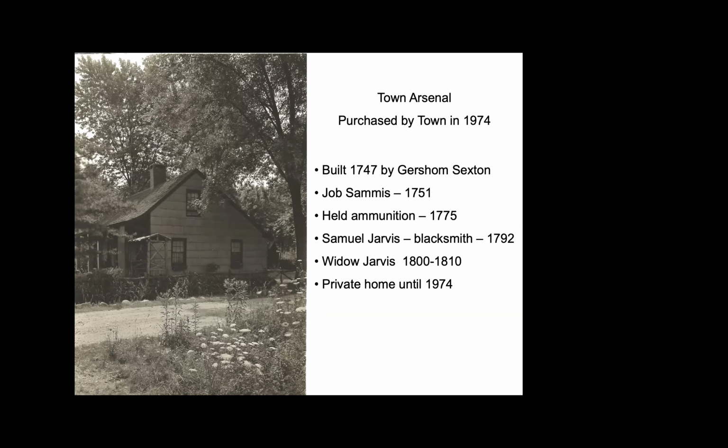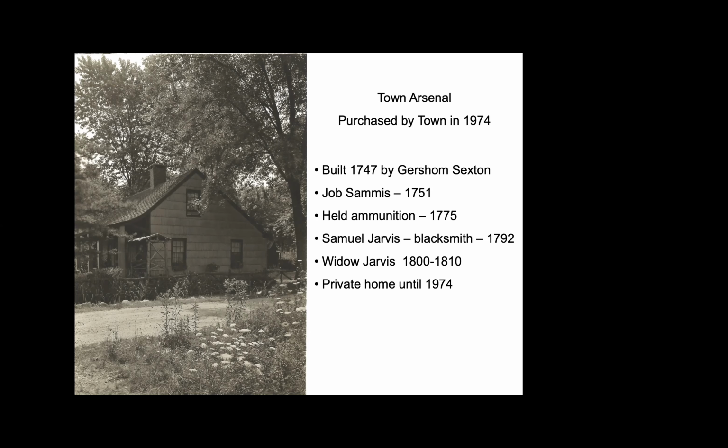Job Samus purchased the property in 1751, and he was a weaver. So he lived here with his family. He had many children. It was a very small house. And his loom takes up a large portion of the main room downstairs. And that's sort of the way people lived and worked back in the 18th century.